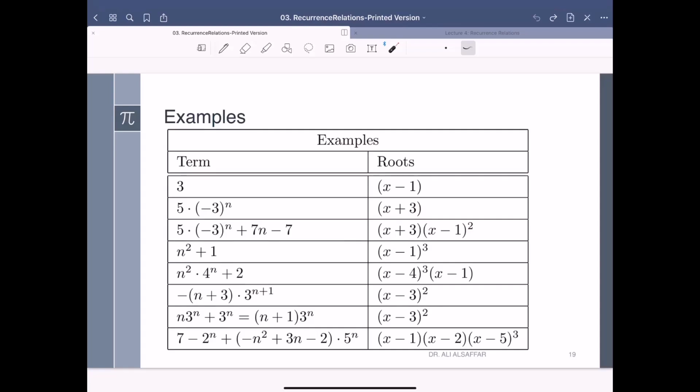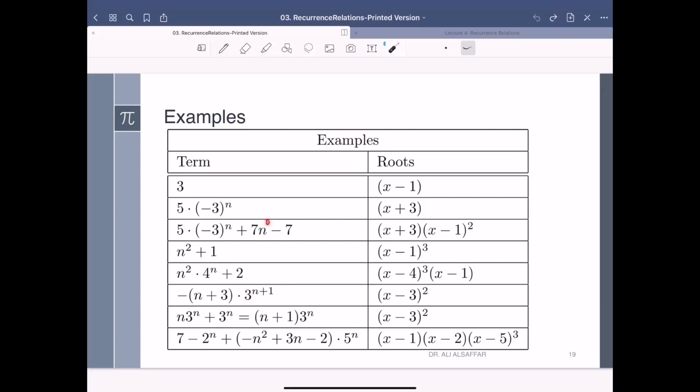This recurrence relation, you can consider it consists of 3 parts: exponential, polynomial, and constant. So from the exponential, you will get x plus 3. And from 7n, it will be x minus 1 raised to power 2, because the degree of n is 1. And for the constant, you will have x minus 1.